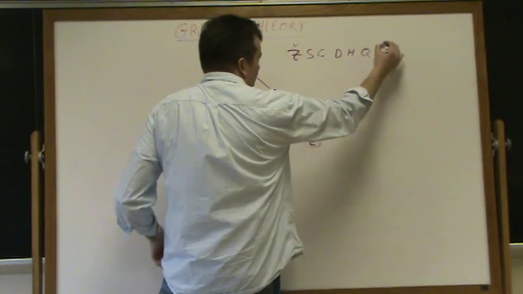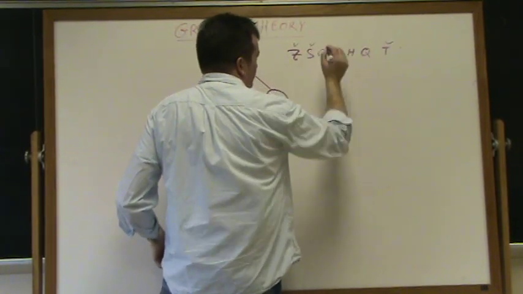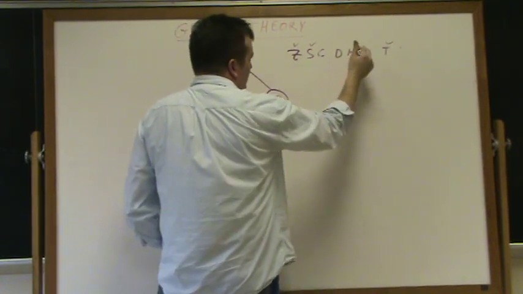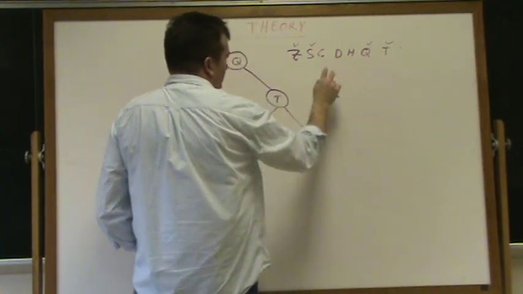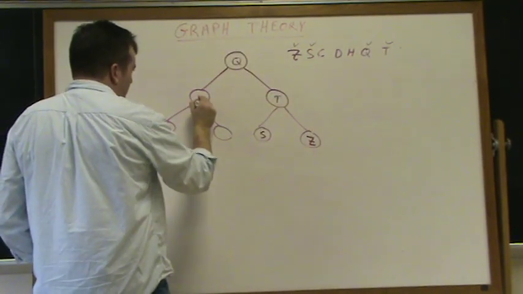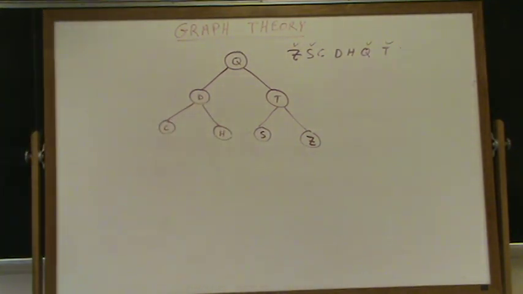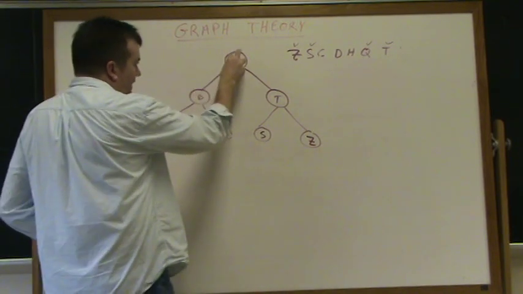Q, C, D, H. If I stored them like this in a graph, each of the vertices has a value on it.